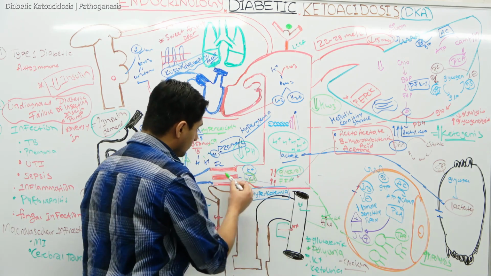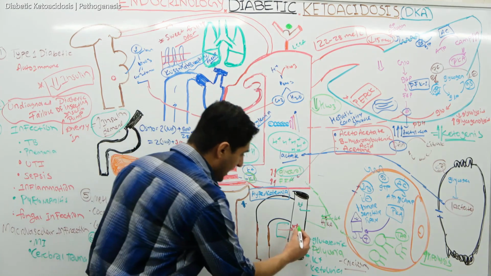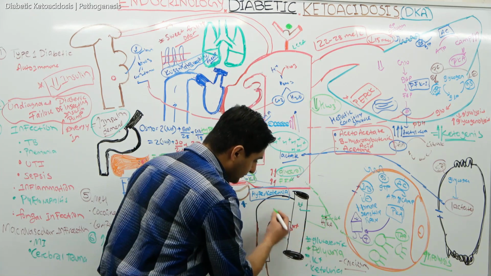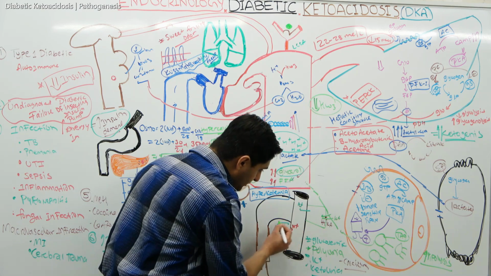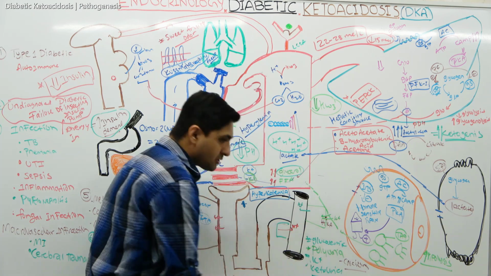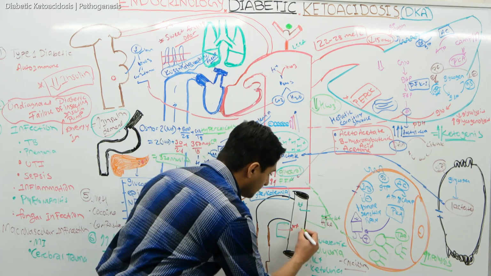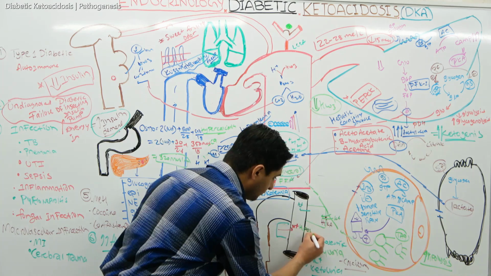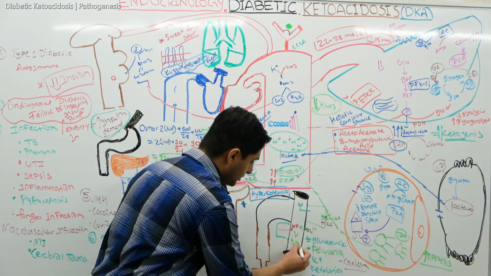A lot of this phosphate will come to your plasma. But this phosphate will later get filtered and bind with this proton and become your titratable acid. Remember, it's monobasic HPO4 with 2 minuses, and later it will become H2PO4 with 1 minus.